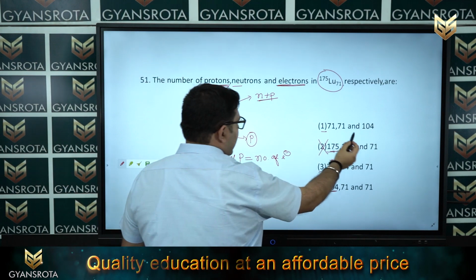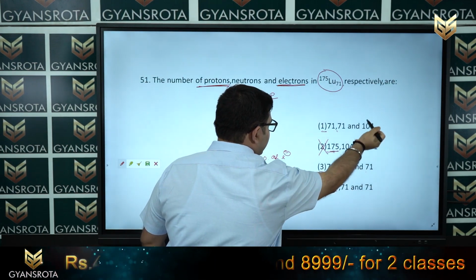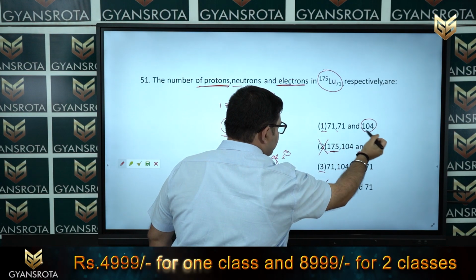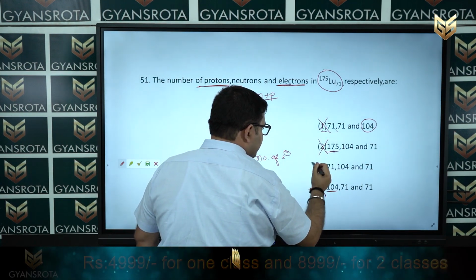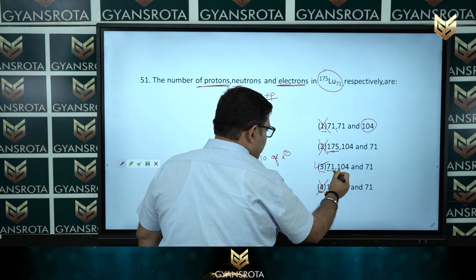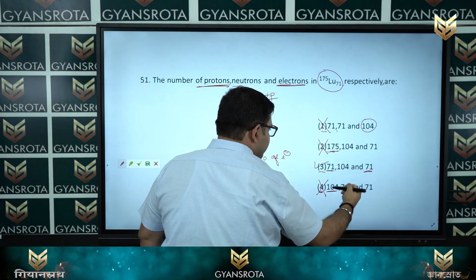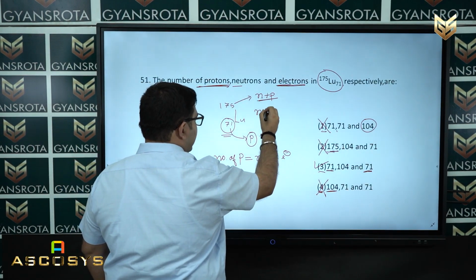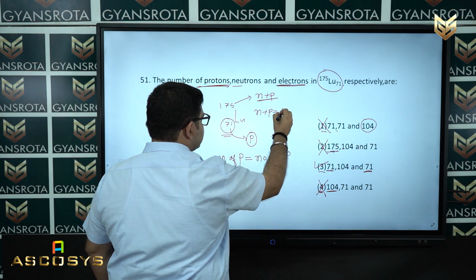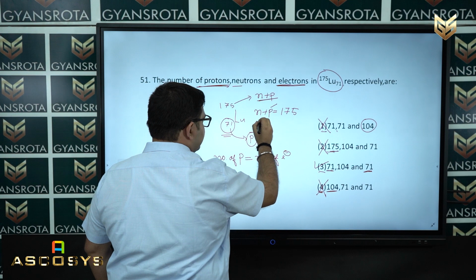Electrons are given in the last terms. Among option number 1 and option number 3, option number 1 gives the electron value as 104, which is not possible. So we are left with only option number 3, where proton value is given as 71 and electron value is given as 71. If you do the calculation, N plus P is 175 and we know the proton value is 71.